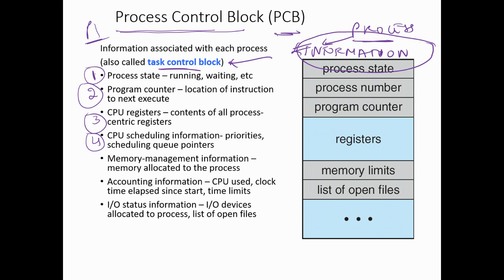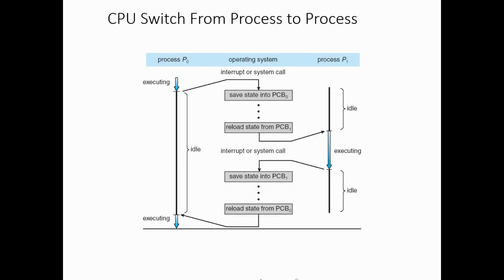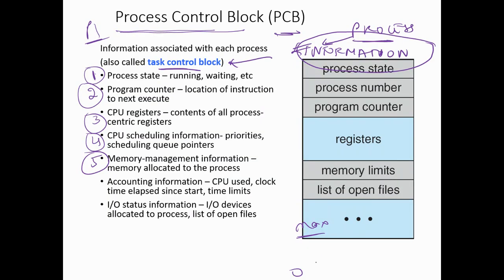The PCB also contains the memory management information, the memory which has been allocated. We already talked about it. From 0 to max, for each and every process we are going to allocate memory, which contains the heap, the stack, the program counter, your data, text, global variables, etc. Then it will also have the accounting information and the IO status information.